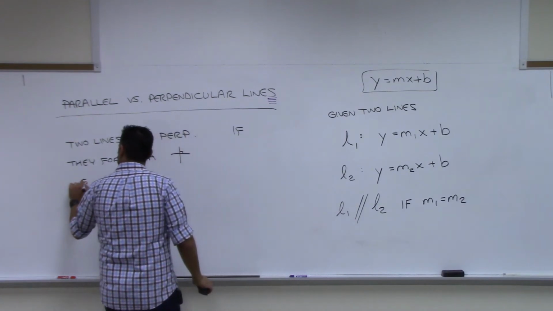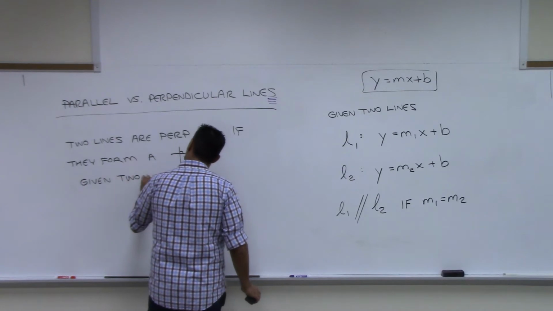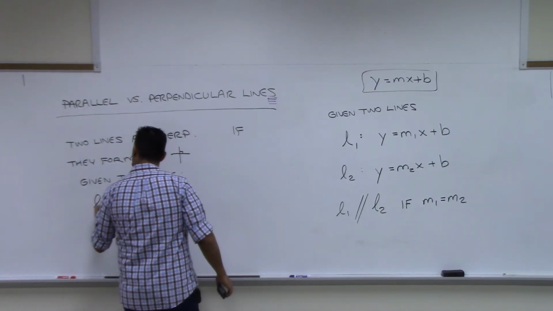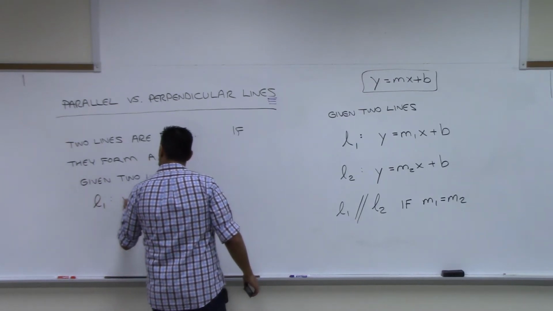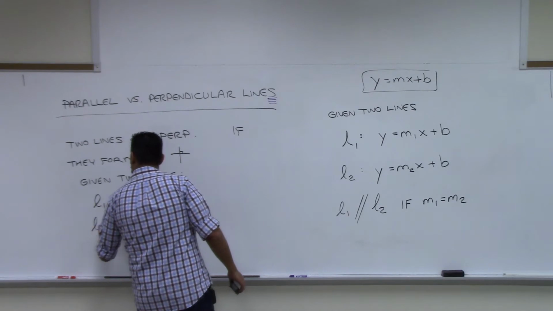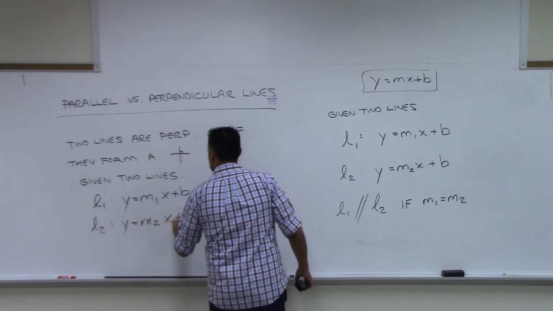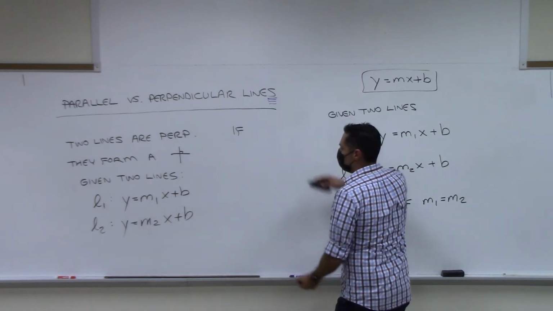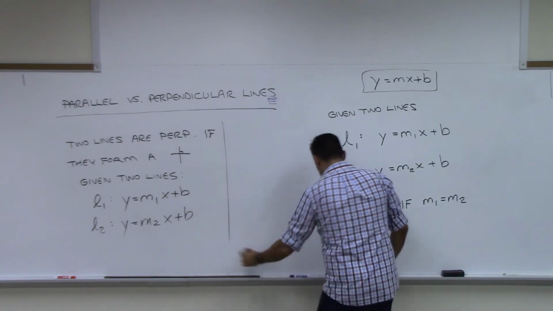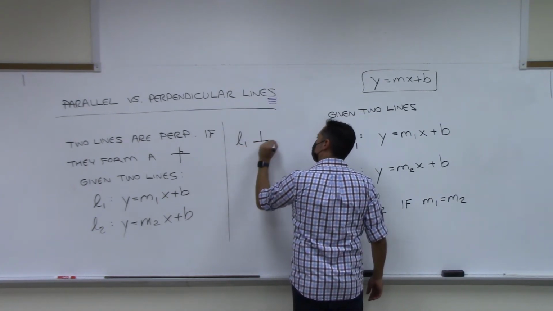So here's what we've got. Given two lines, L1 is y equals m1x plus b, and L2 is y equals m2x plus b. Then we will say that L1 is perpendicular to L2.